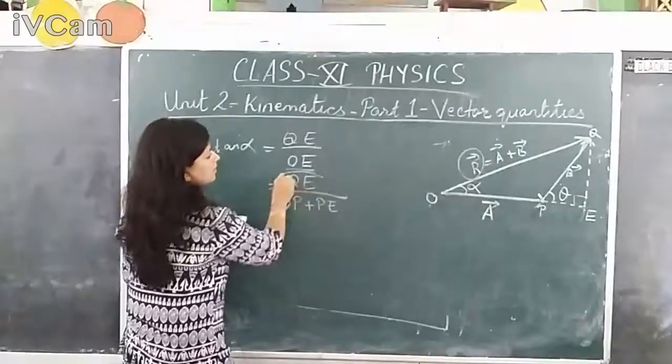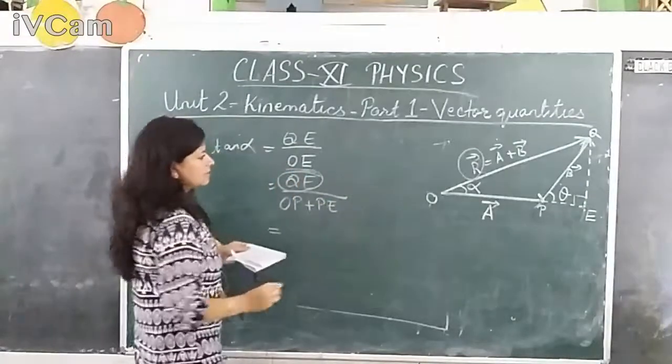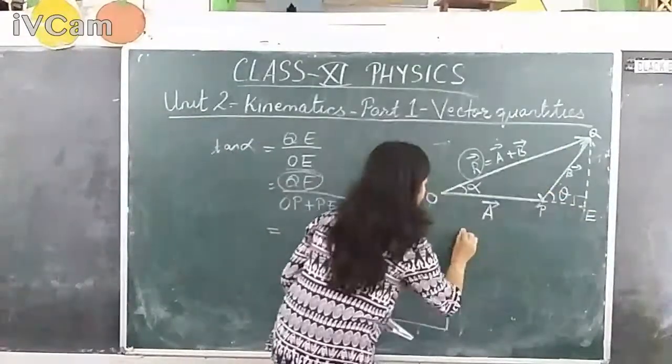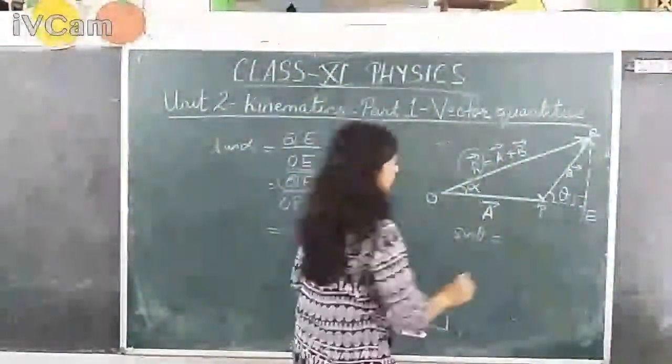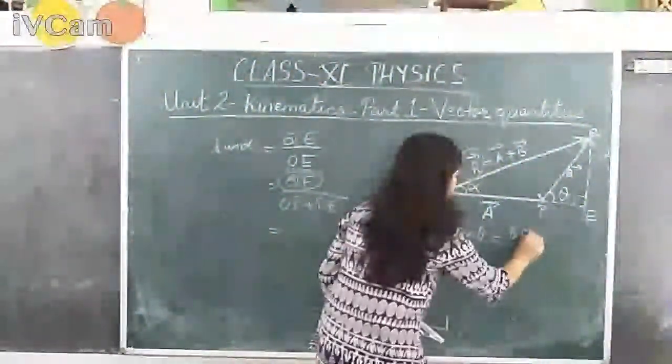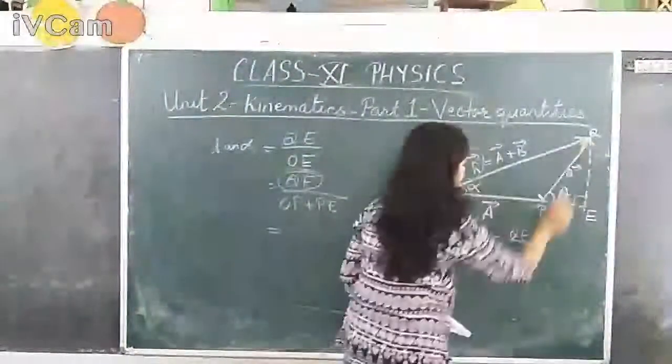Now we do not know what QE is, so we take theta of this small triangle. Sin theta is equal to perpendicular by hypotenuse.